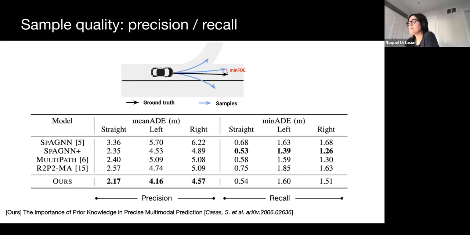We can see our prior loss heavily improves the precision of our samples, although it trades off a bit of recall. As we will see in a couple of slides, this trade-off will pay off. For now, I want you to keep in mind that minimum ADE is the commonly accepted metric for motion forecasting, despite the fact that it only measures a single sample, the best one.